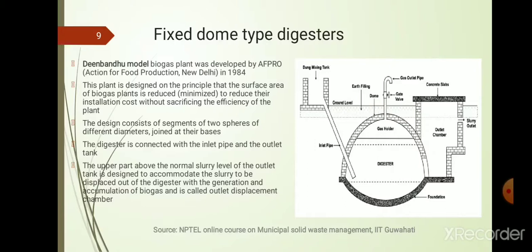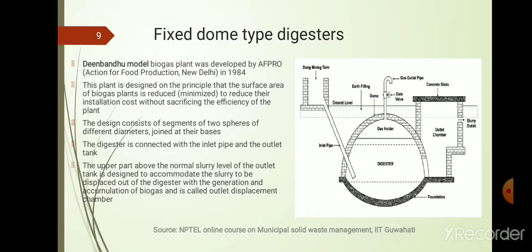So if a particular design level is reached, the slurry goes out of the reactor to the outlet chamber, where it accumulates and can be taken out through the slurry outlet. So that is the principle behind this. We have minimum area and a simplified design.